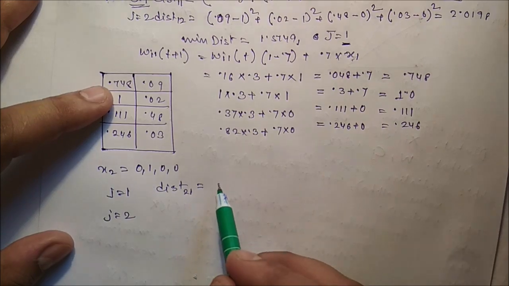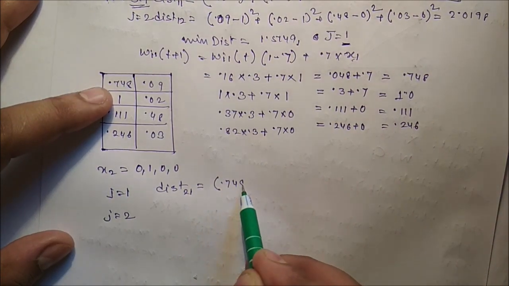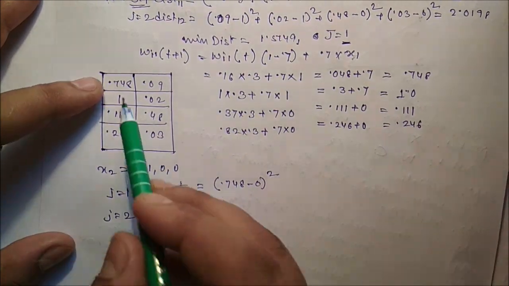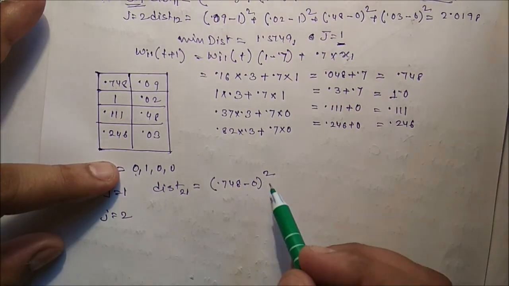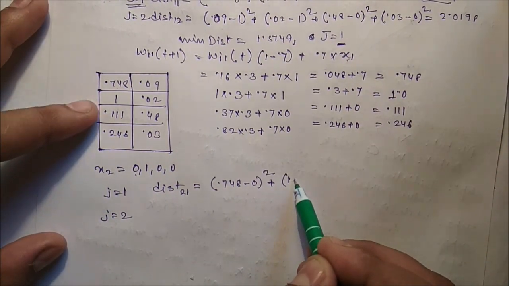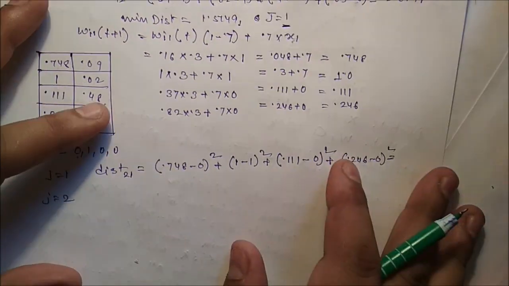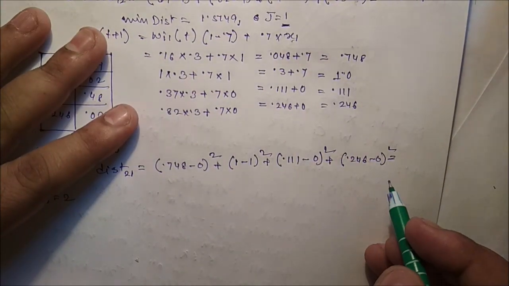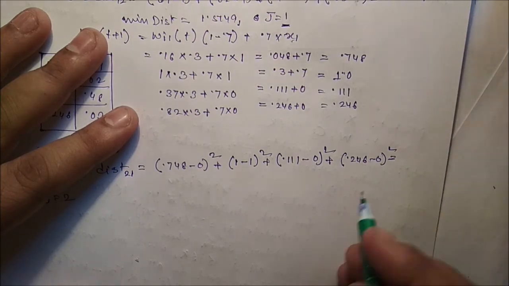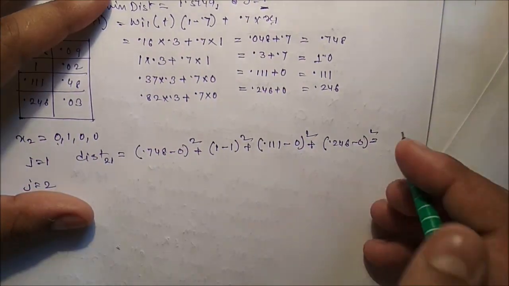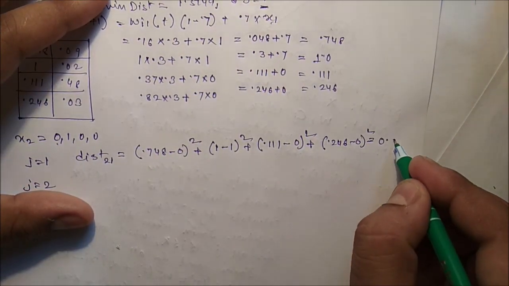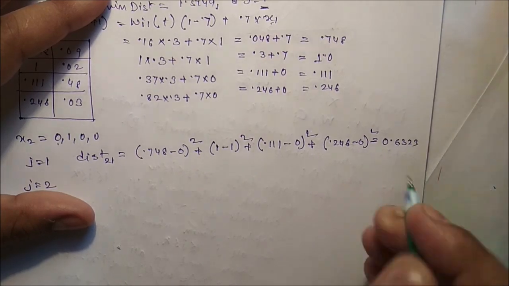So it is what? 0.748 minus 0 square, 0.748 minus 0 square plus 1 minus 1 square. Okay, and if you solve it, you can get the answer 0.6323.